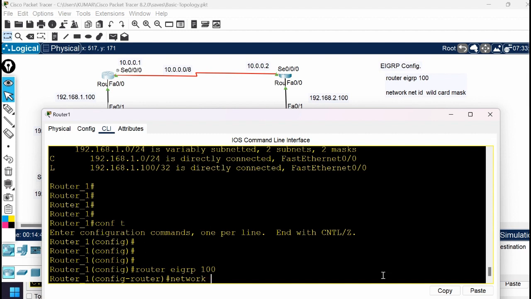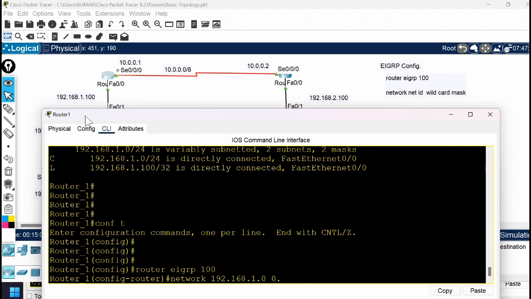The connected networks for this router are your FastEthernet and your serial. First of all, 192.168.1.0 is the connected network ID for my FastEthernet 0/0. Make sure you don't need to write the IP address; you need to write the network ID. And then the wildcard mask.